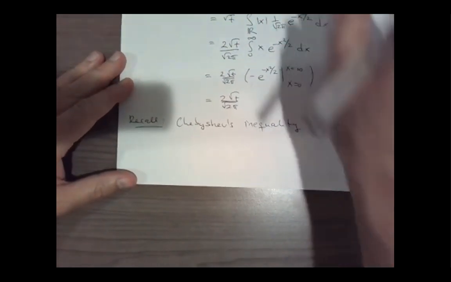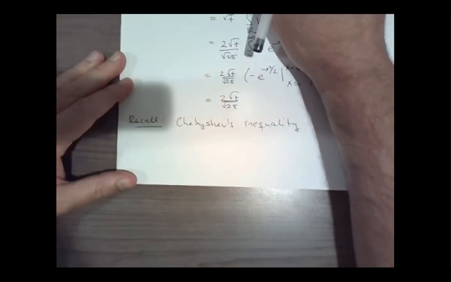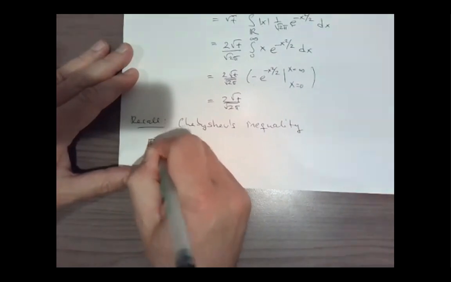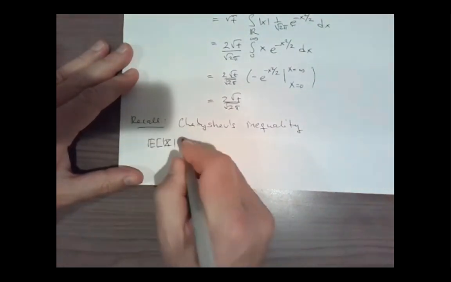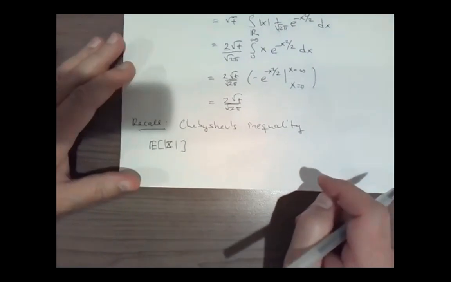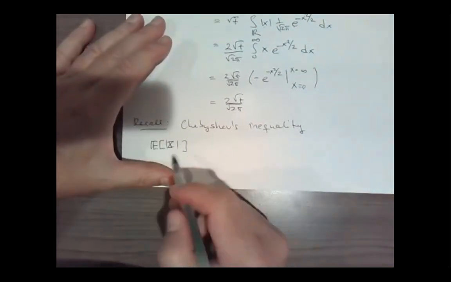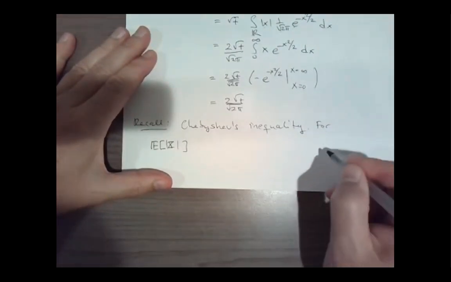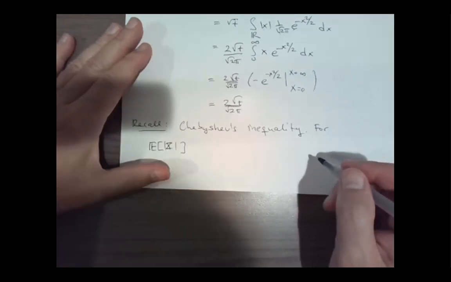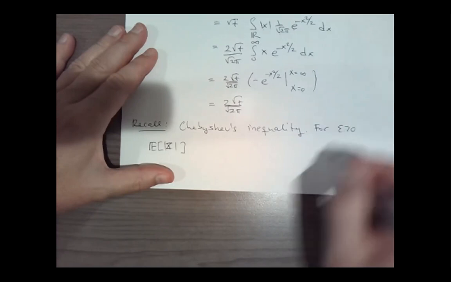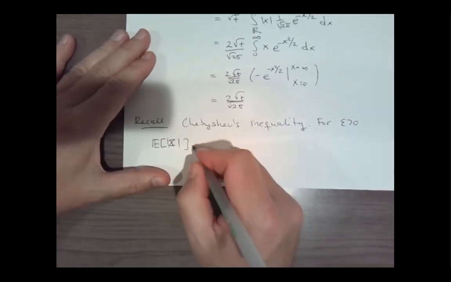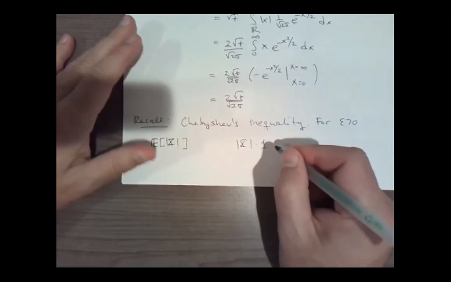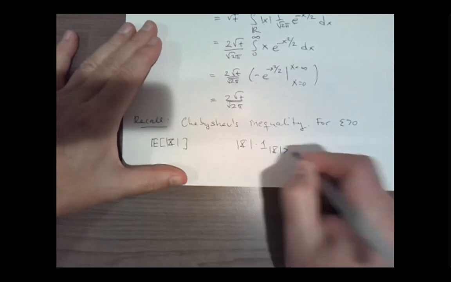Instead of remembering Chebyshev's inequality, it's not too hard to derive. If I take a random variable and take an absolute value of it, this is positive. So if I pick an epsilon bigger than 0, then I can bound the absolute value of x from below by epsilon times the indicator that x is bigger than epsilon.